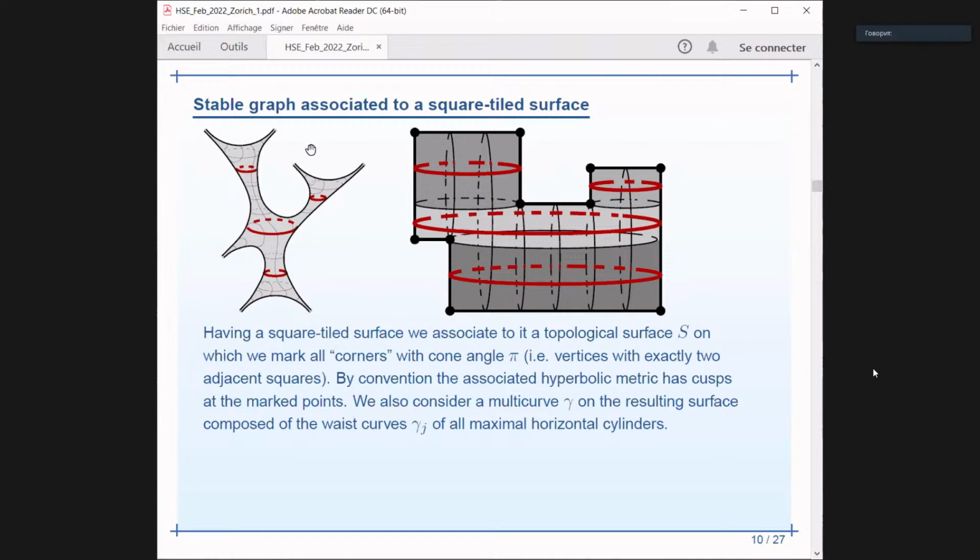It's even better to imagine that we have a hyperbolic surface and that we have cusps at all these points. As soon as I have a point like this, where there are only 2 adjacent squares, I create a cusp which pushes out of this point. I don't want to memorize the location of other singularities, but I want to memorize the following thing.